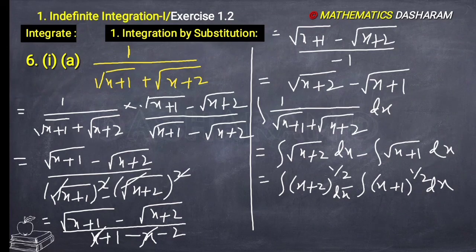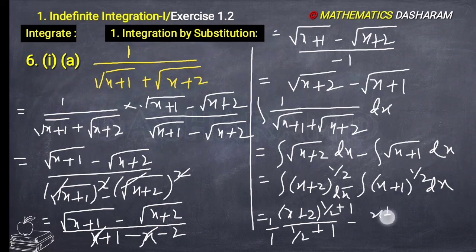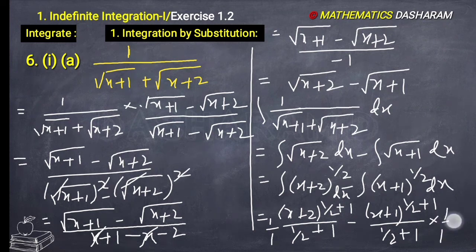Now apply the integration of x to the power n formula, that is x plus 2 whole power 1 by 2 plus 1, and divide with the derivative of x plus 2, that is 1 plus 0, which is 1. Next minus, here also the same, x plus 1 whole power 1 by 2 plus 1, and divide with the derivative of x plus 1, that is 1 plus 0, plus constant c.